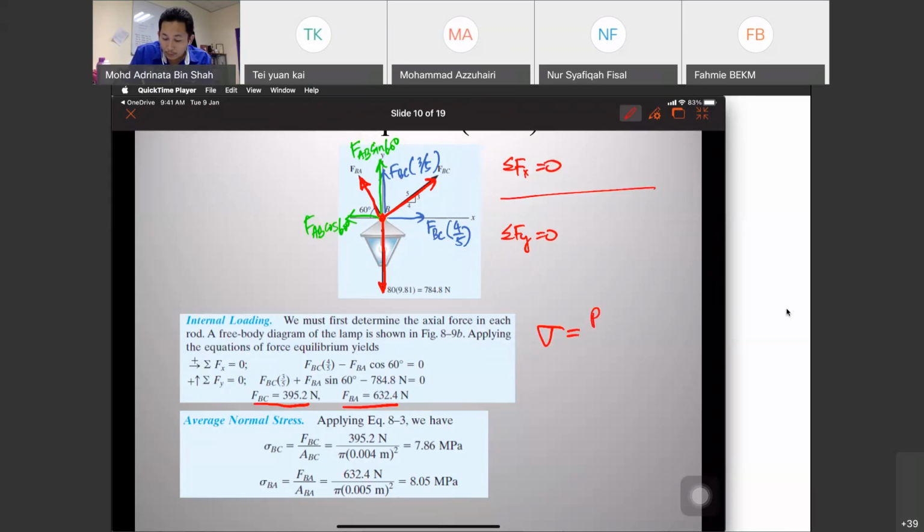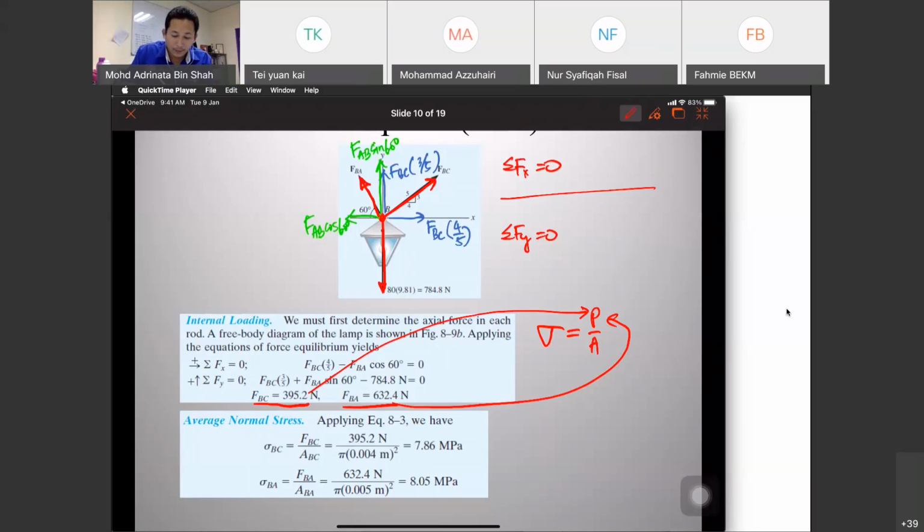sigma equals P over A. So this is your P. Okay, so you need your static to solve your solid mechanics. Right, so after that you can calculate your normal stress.